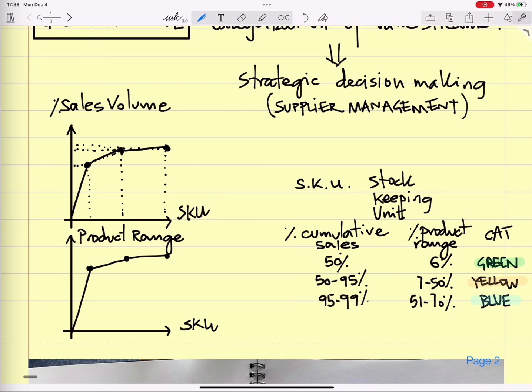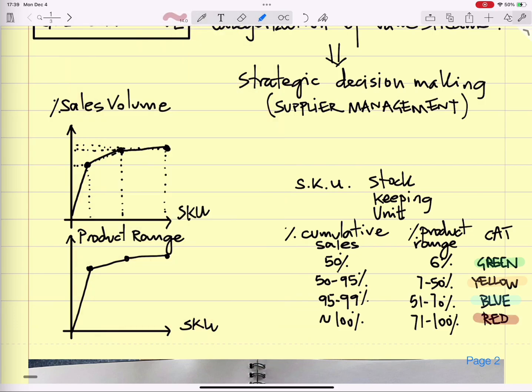And the rest, to 100% at between 71 and 100% of product range, we call the red value stream. Okay.